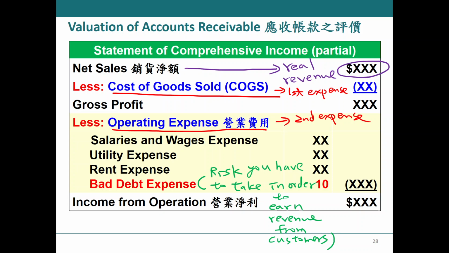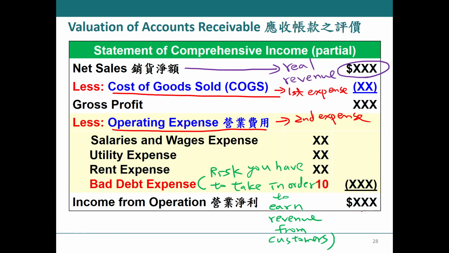So for the revenues, after we consider different expenses, finally, income from operation, what does it mean? It's the real profit you can get from customers. Okay? So don't forget, nothing for free.